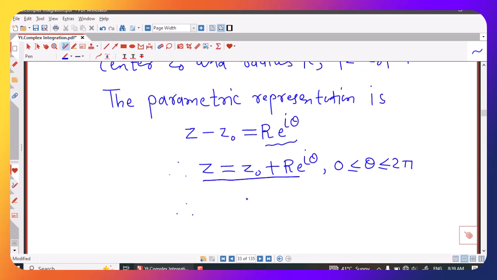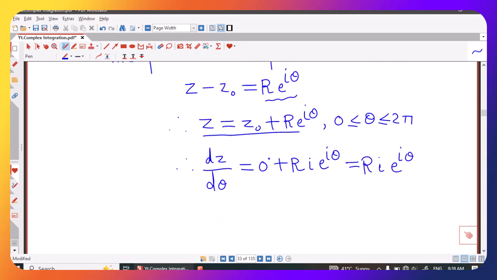Here now z becomes a function of theta only, therefore we can write the derivative of z with respect to theta. z0 is constant, therefore its derivative with respect to theta is 0, plus r constant, derivative of e raised to I theta is e raised to I theta times I, and this is r into I into e raised to I theta.